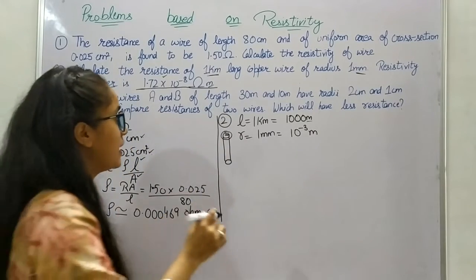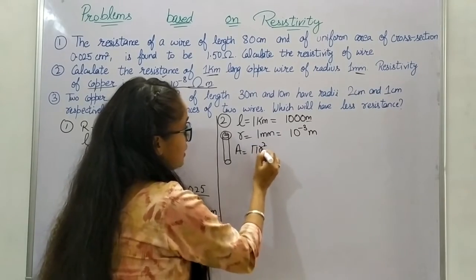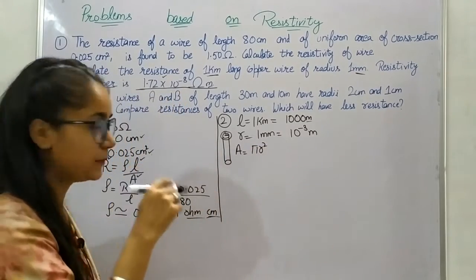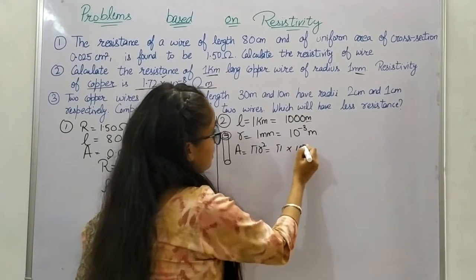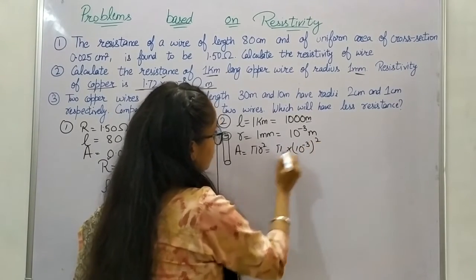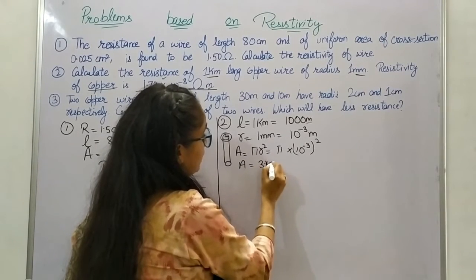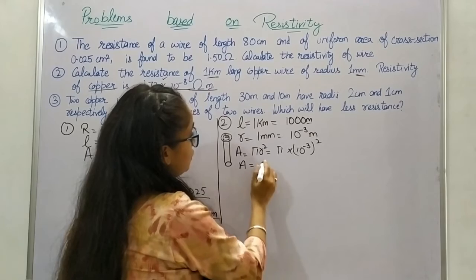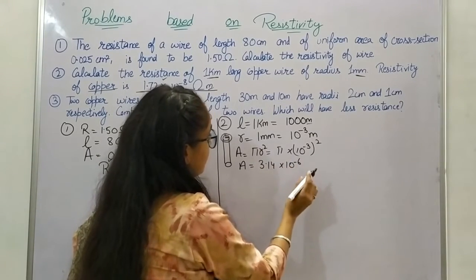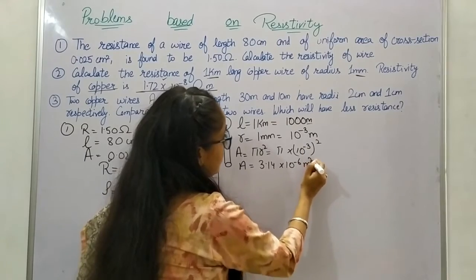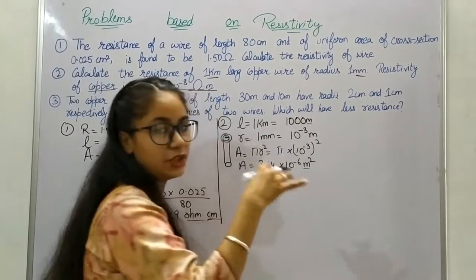So the area of the copper wire would be pi r square, because it is circular in shape. That would be pi times 10 to the power negative 3 squared, or area equals 3.14 into 10 to the power negative 6 meter square. Area is measured in squared units.